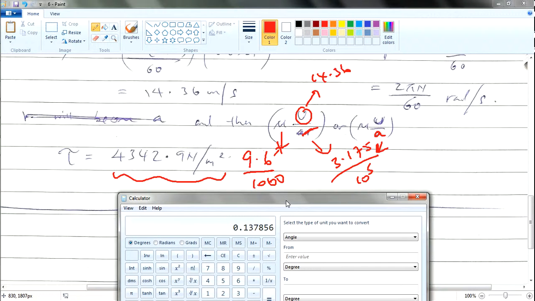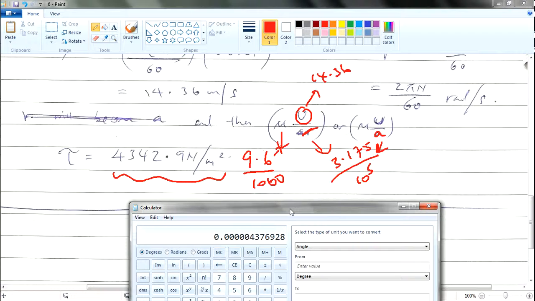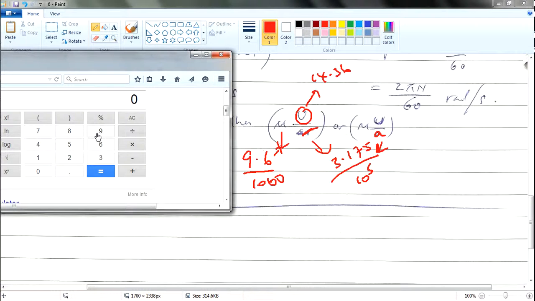And then I multiply by 3.175 and divide by 10 to the power of 5. Something is wrong. I think the best is to use the Google calculator.